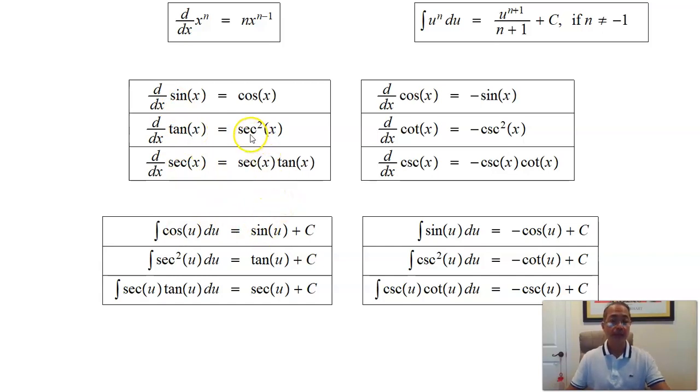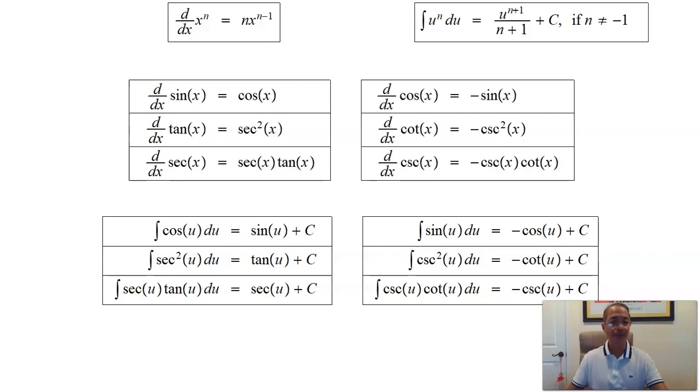Similarly, the antiderivative of secant squared u is tangent u, and so on. For the cofunctions, it is more natural if we want the integral of sine of u instead of negative sine of u. Why should there be a minus? So we put the minus on the other side. The integral of sine of u is negative cosine u plus c. The integral of cosecant squared u is negative cotangent u plus c, and so on.